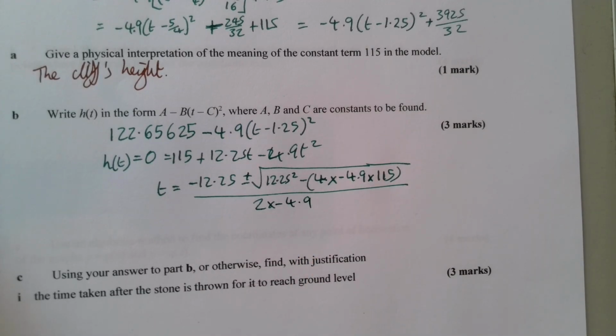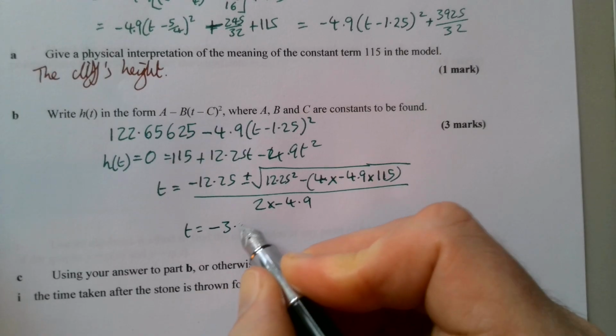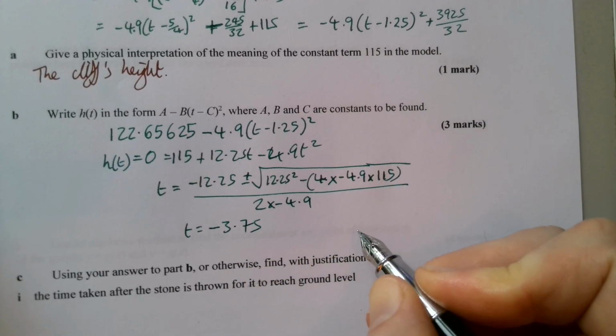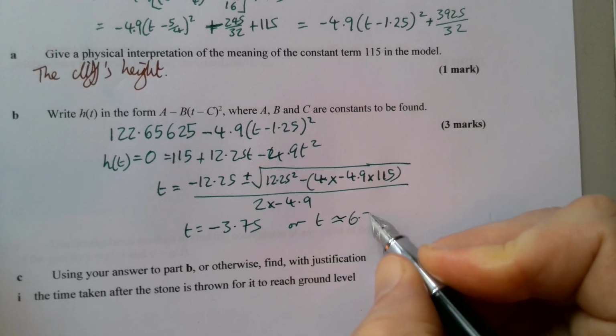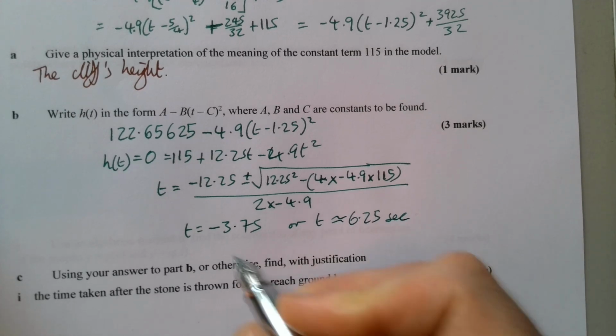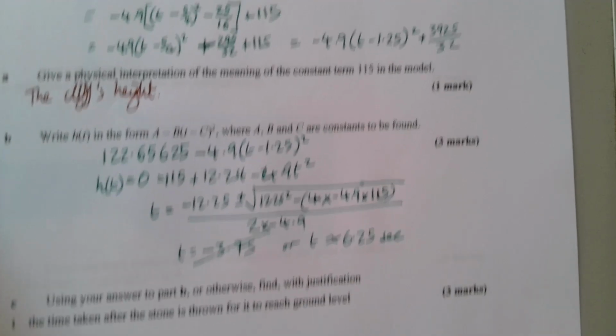Now if you put that into your calculator, you get 2 different possible solutions. You get t equaling negative 3.75, I've just rounded that to 3 significant figures, or t being roughly equal to 6.25 seconds, and I'm crossing that one out because a negative amount of time isn't possible.